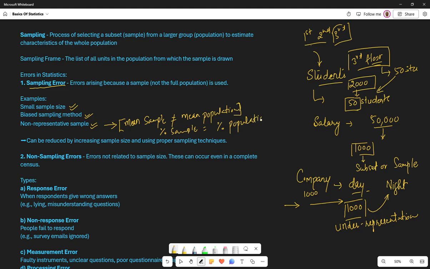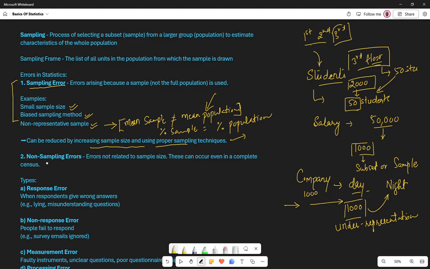So the sample is not representing my population. This error can't be avoided, but what we can do is take a bigger sample size. By increasing the sample size, these errors can be minimized. We can't totally avoid them, but we can minimize them by adopting a proper sampling technique or taking a bigger sample.